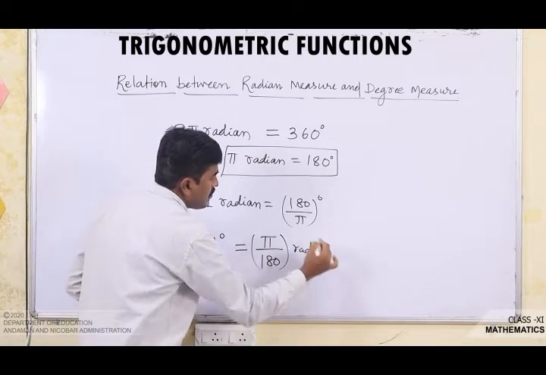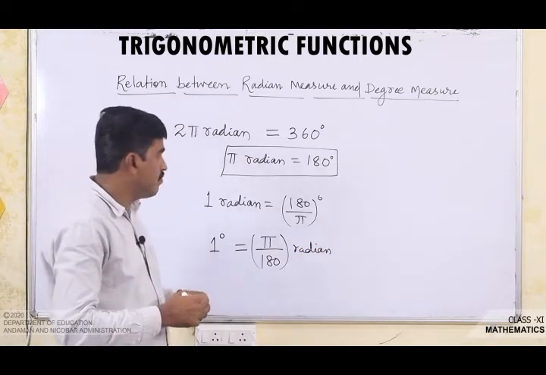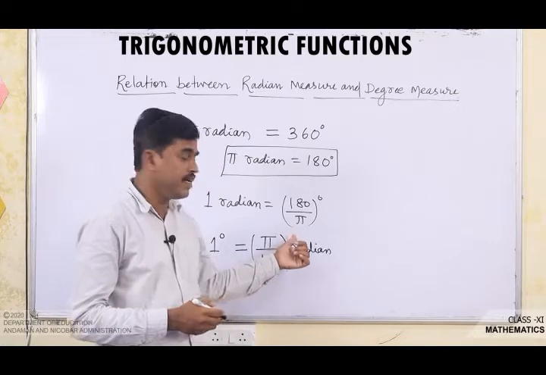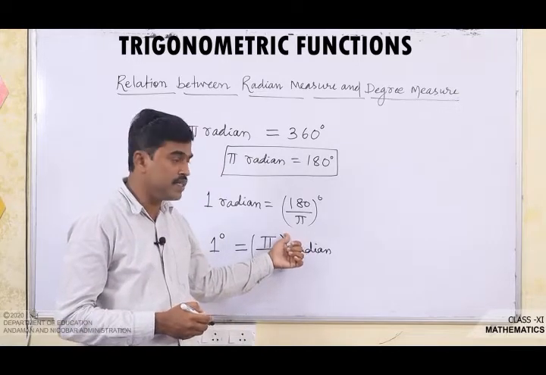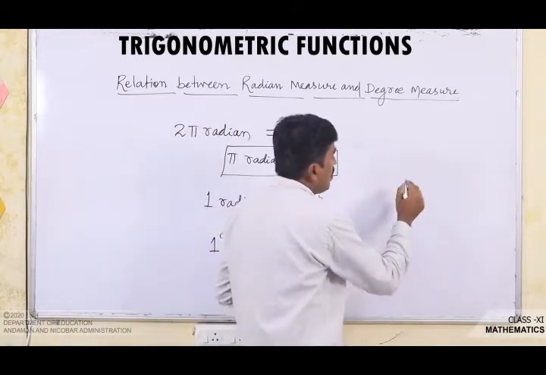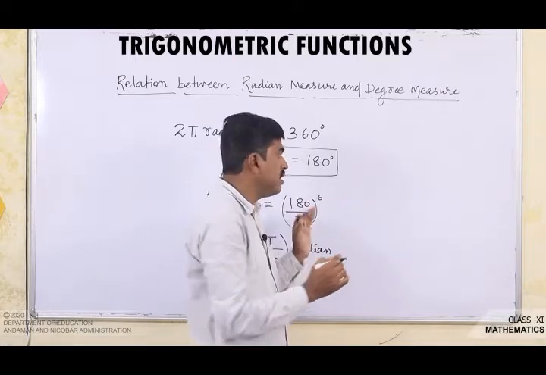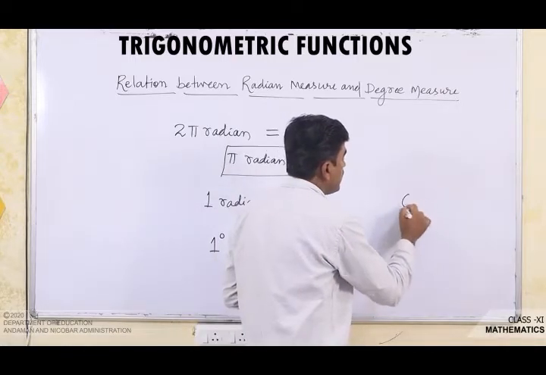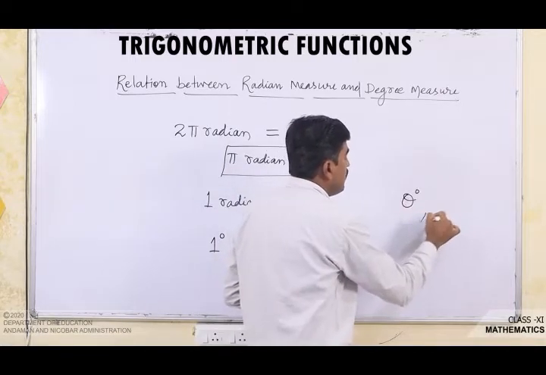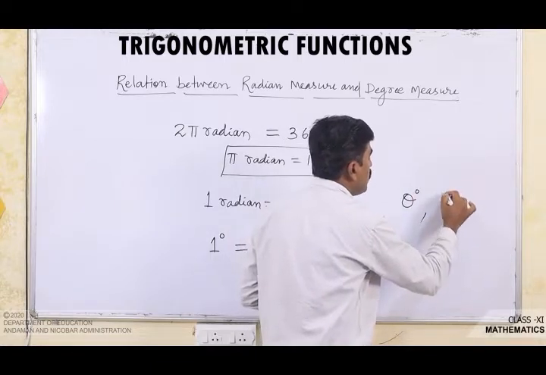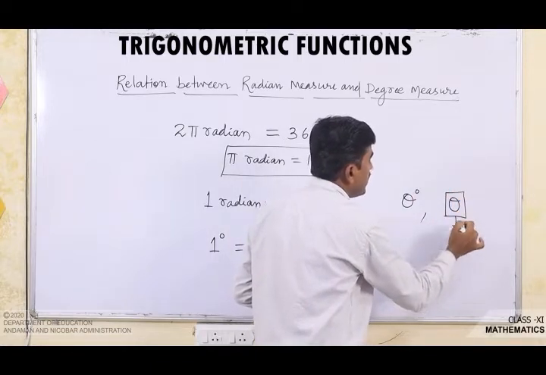Generally we do not use the symbol of radian, that is, the superscript c. If the angle is measured in degrees, then we write the degree symbol, theta degree. If it is written as theta, then we consider it to be in radian.